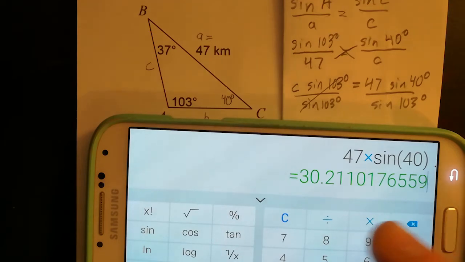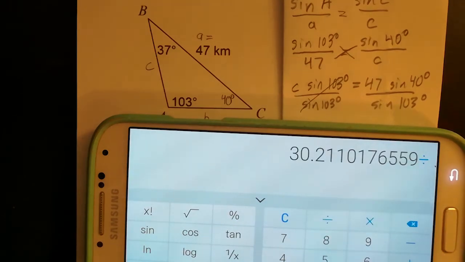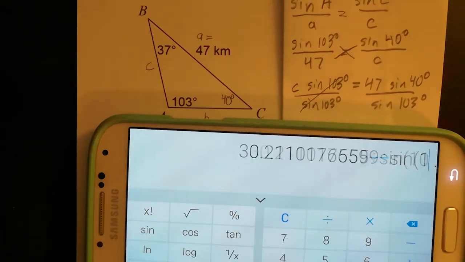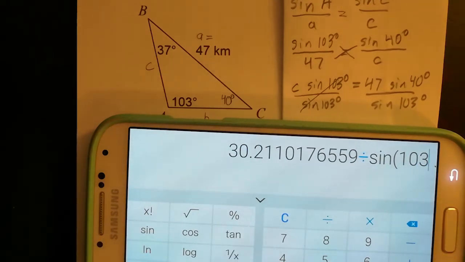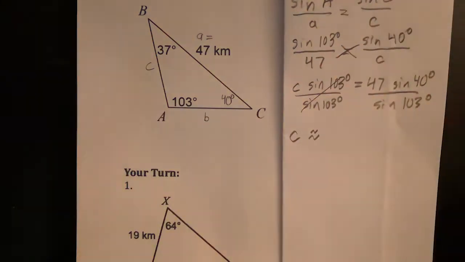And then we'll divide that by, now the way I'm doing it on this calculator, I guess I am using a rounded value, but it's out to so many decimals, it's not going to matter for the precision we're getting here. And then divided by sine 103. All right, so about 31.0.